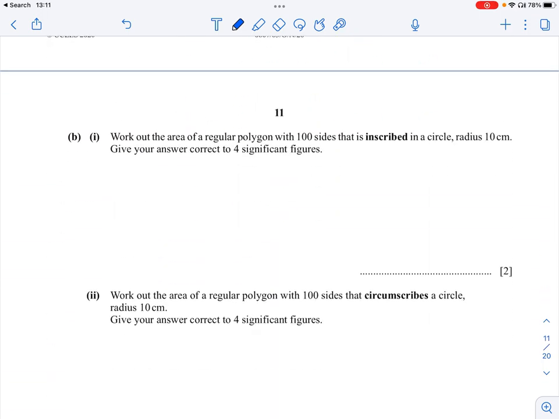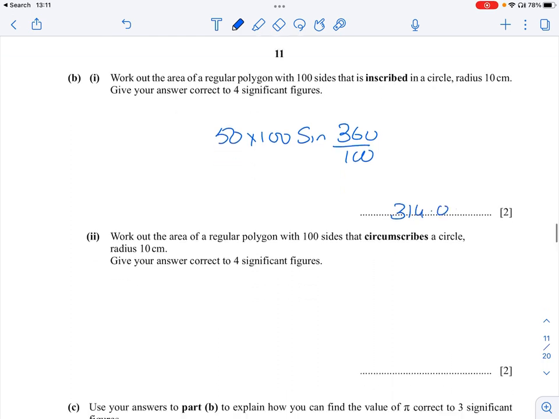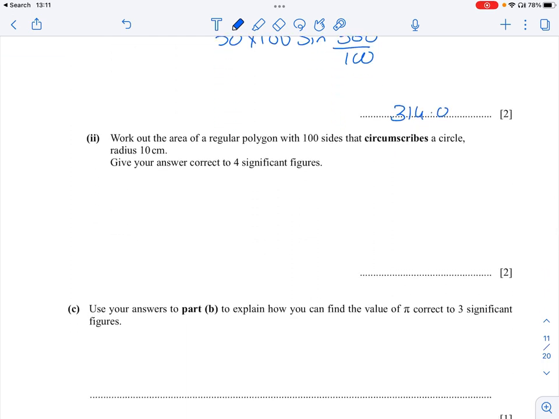Work out the area of the regular polygon with 100 sides that is inscribed in a circle of radius 10 centimeters. So it is 50 times 100 times sine 360 upon 100. Simplify that, 314.0. Work out the area of a regular polygon with 100 sides circumscribing the circle. It will be 100 times tan 180 upon 100.